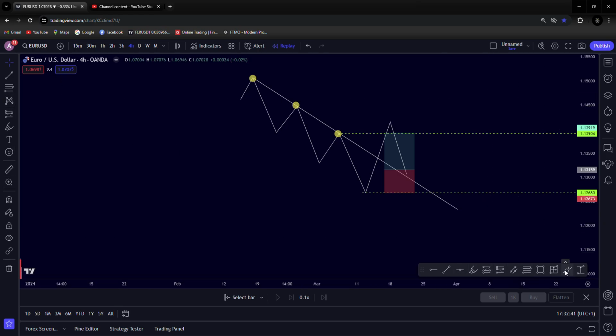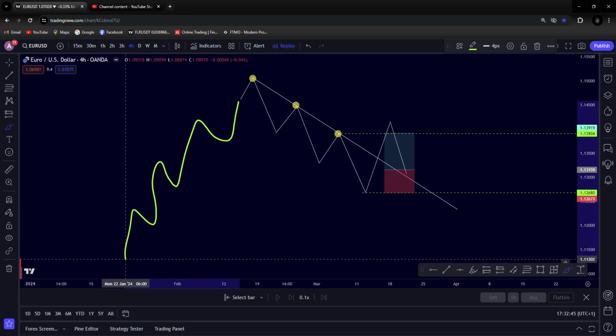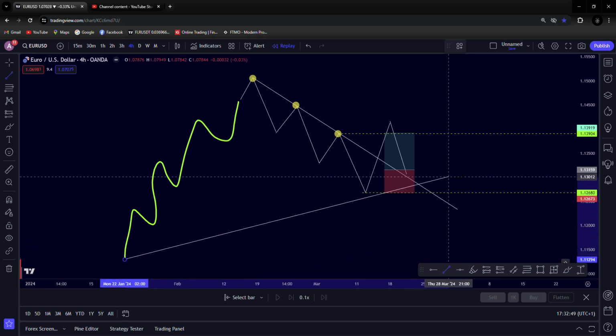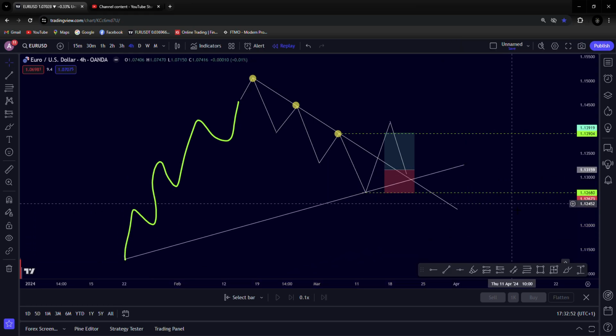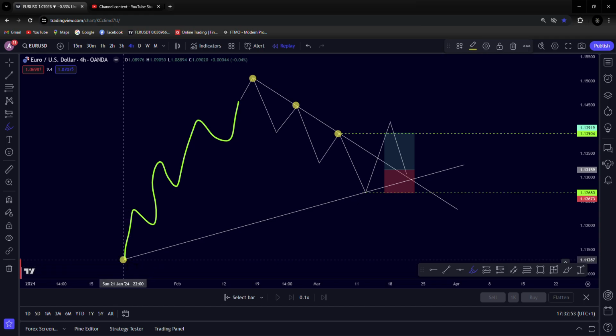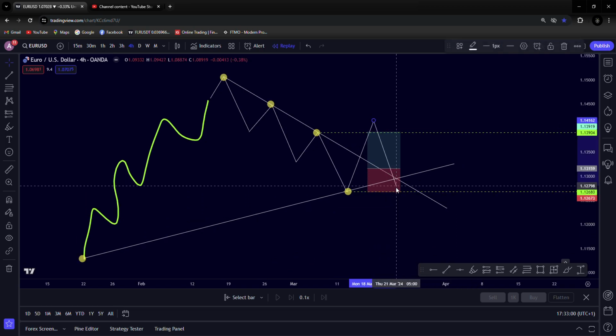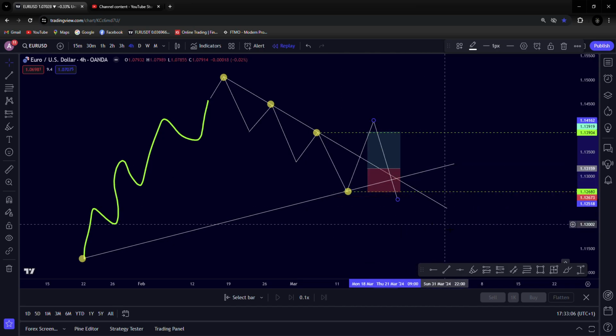Probably if you go back in history, this chart was like that, and over here you also will have another trend line where you are going to have point 1 and point 2, and that's why probably the price will come to liquidate the point 2 of the trend line. Hopefully you understand what I'm trying to say.